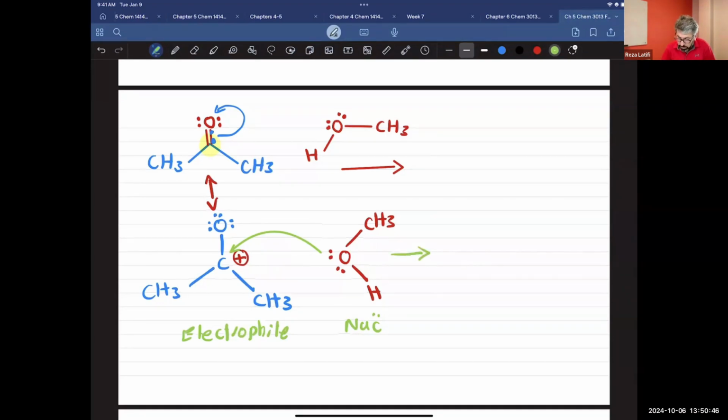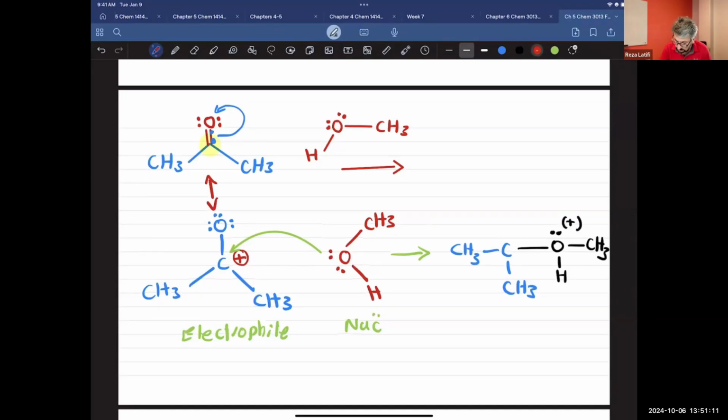What do I get? The product I get is carbon attached to CH3, here CH3. We get oxygen attached to hydrogen, and here CH3. It does have a lone pair, but it's going to have a +1 charge.